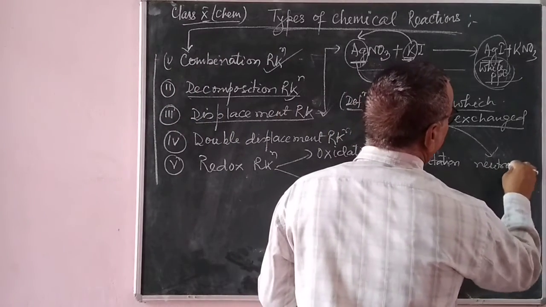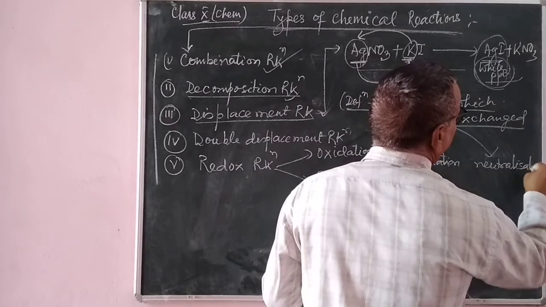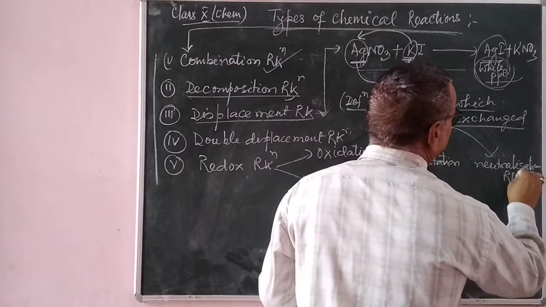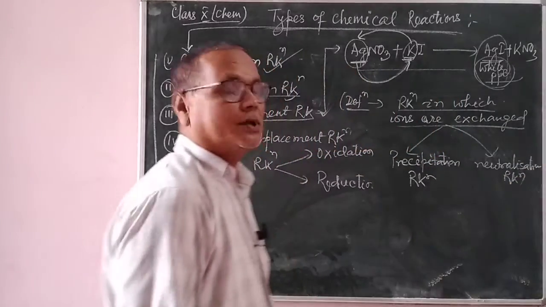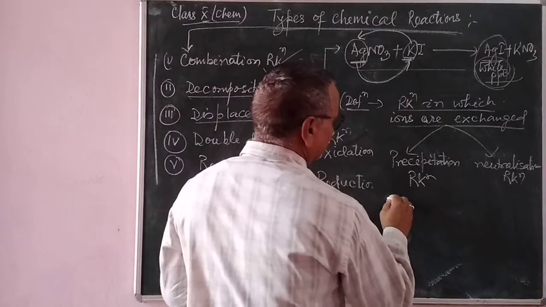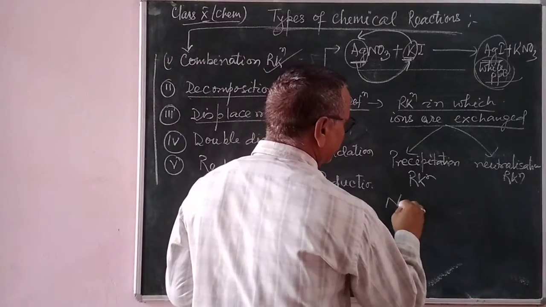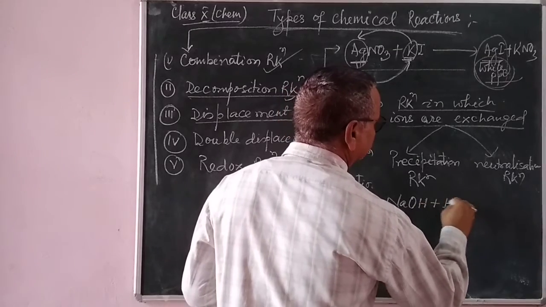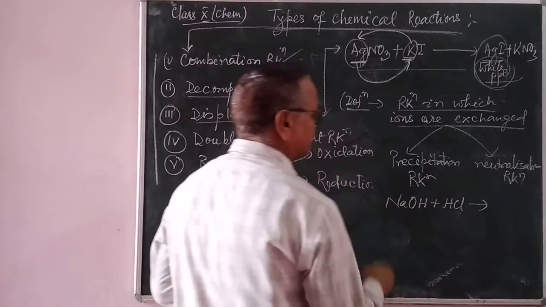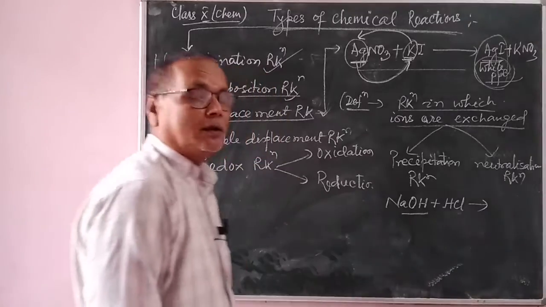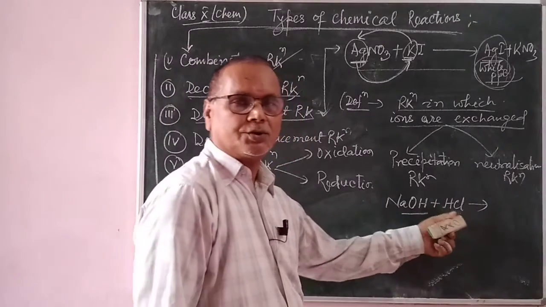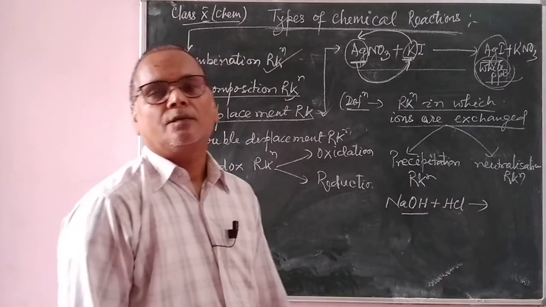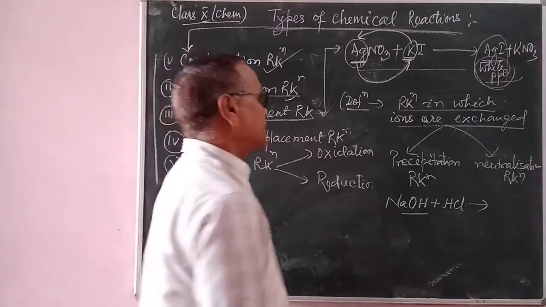Suppose we have taken sodium hydroxide plus HCl. NaOH is an alkali, a base, and HCl is an acid.